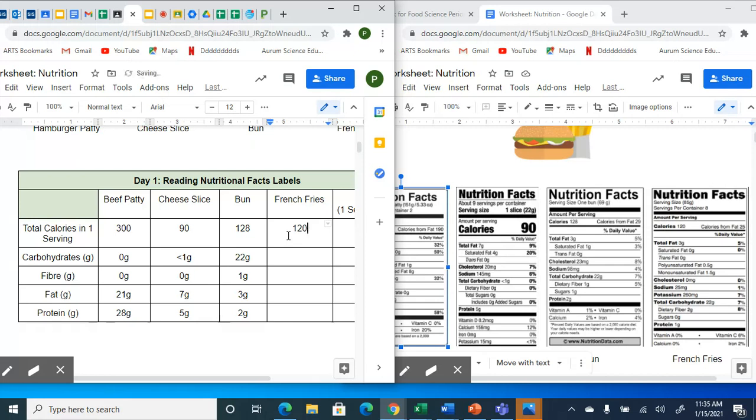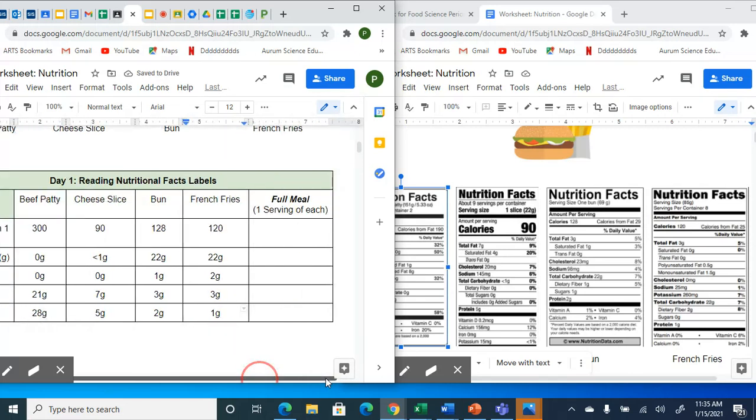So 120 carbohydrates, 22 grams. Again, this is a potato. Potatoes are fruits and vegetables, carbohydrates, fibers, 2 grams. Fat, 3 grams. And protein, 1 gram.